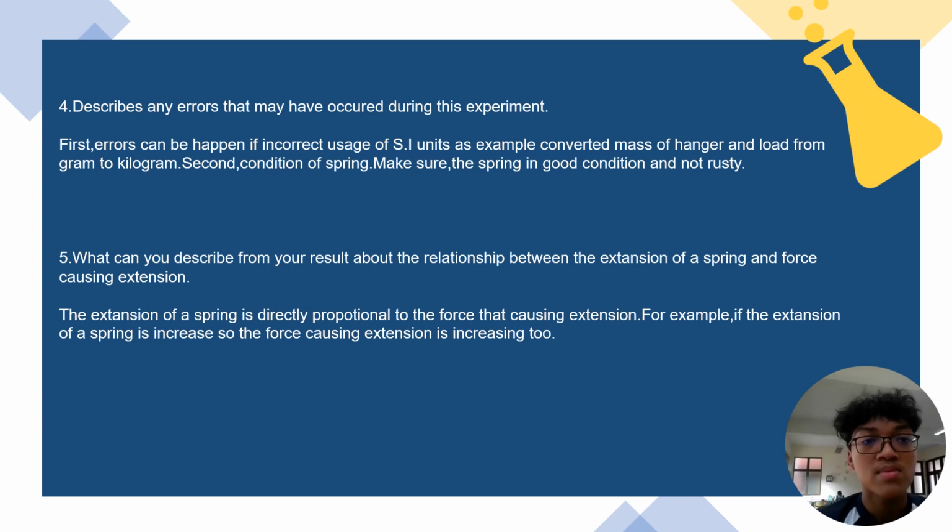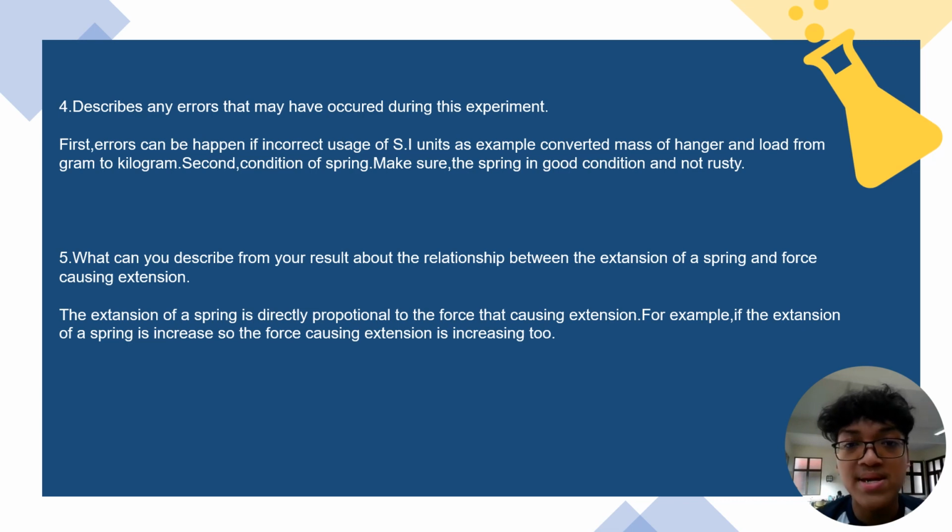Question number 4. Describe any error that may have occurred during this experiment. First, error can happen from incorrect usage of SI units, for example, converting the mass of the hanger and loads from gram to kilogram. Second, the condition of the spring.